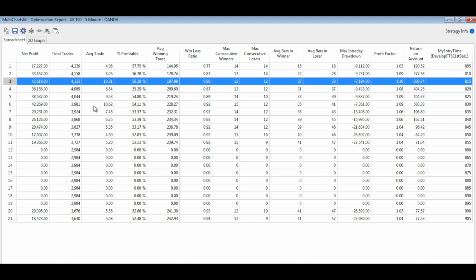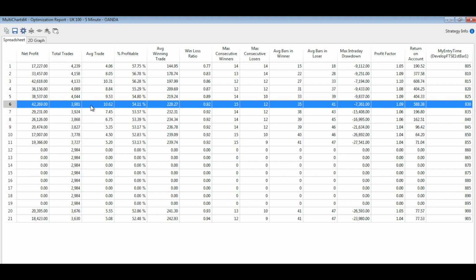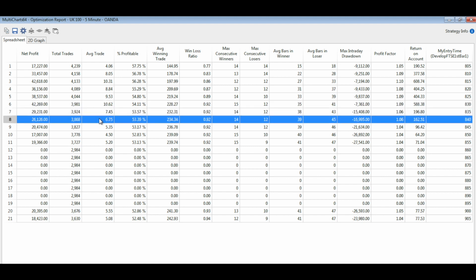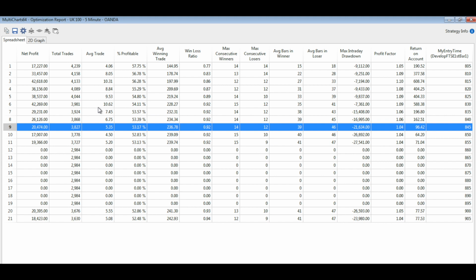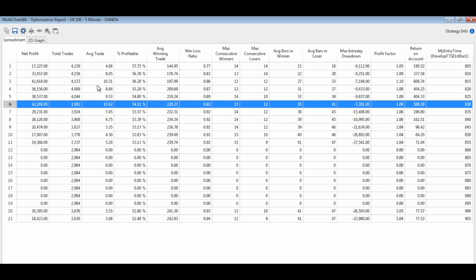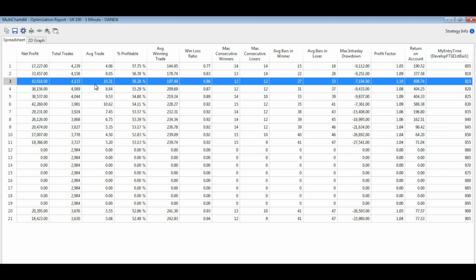The next one that sort of comes close is the 30-minute bar, believe it or not. However, the performance quickly diminishes, and personally, I feel more comfortable using that 15-minute bar.